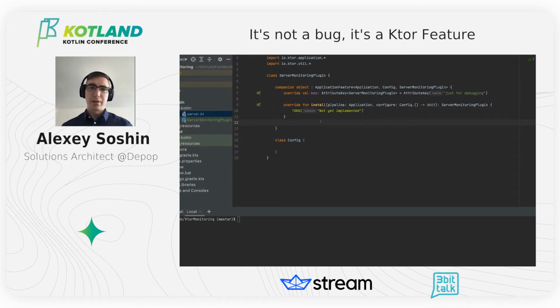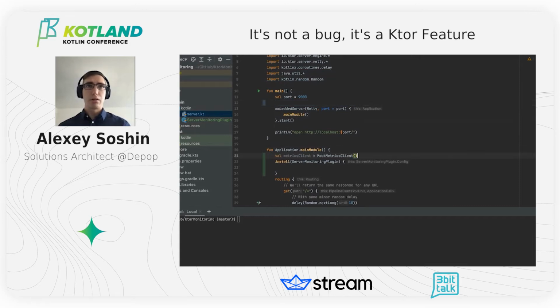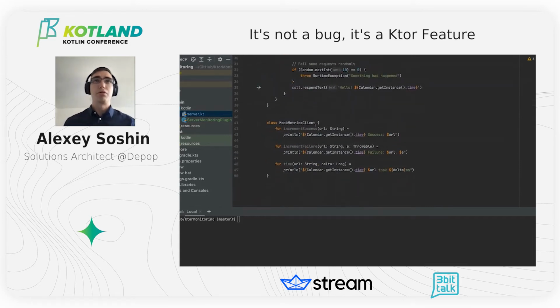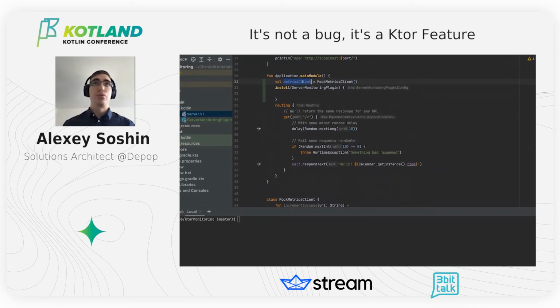But before we start implementing anything in the install function, let's go back and pass the client to our plugin. I mentioned that we have this metrics client. This is just a mock client, and we need to pass it to our plugin.